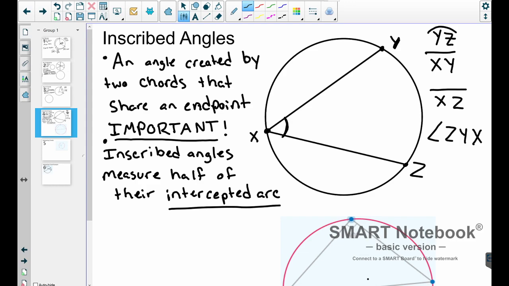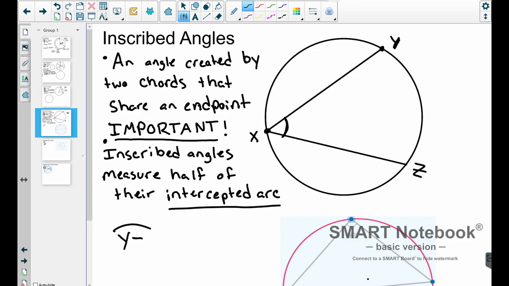What if I was to tell you, let me create some space for myself here, that arc YZ is equal to, let me think here, what would I want to make that?